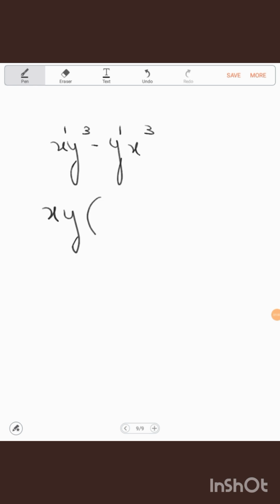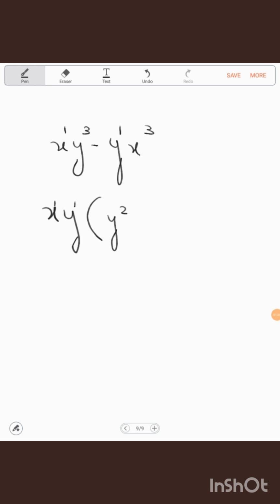Now we are going to keep a bracket. Now if you see the first term, if x is taken outside and 1y is taken outside, how many y's are you left with in the first term? 3 minus 1 is 2. So you are going to be left with y square in the first term. Okay?